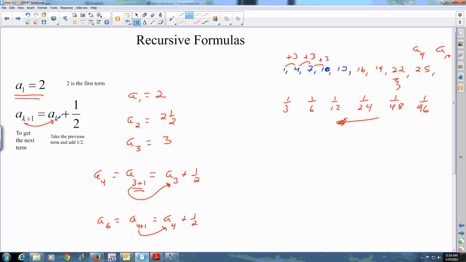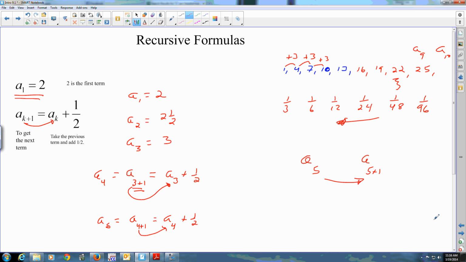Whatever term this is, that's one term after it. It's the next term. If I gave you A sub 5, what's the next one? A sub 5 plus 1. It's the following term. To get the next term, take the one that's right before it and add a half. Okay, that's how you do a recursive, and that's how the formula is written.